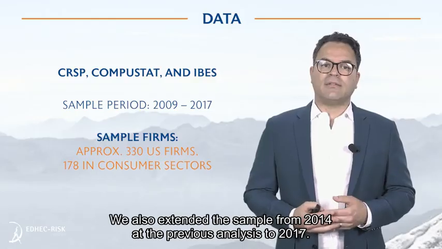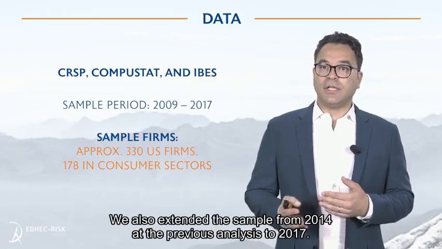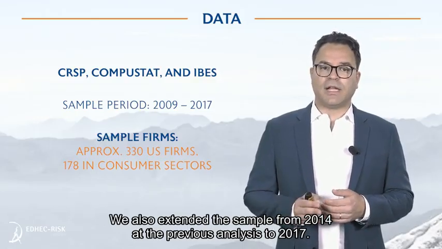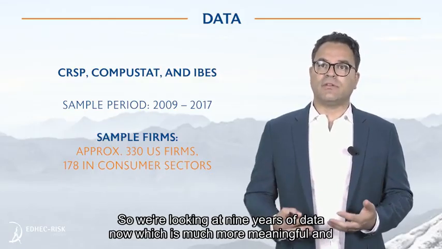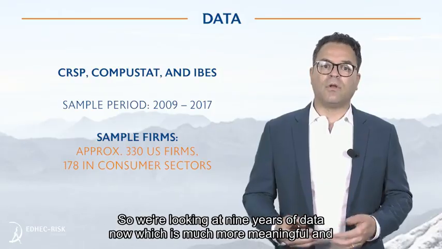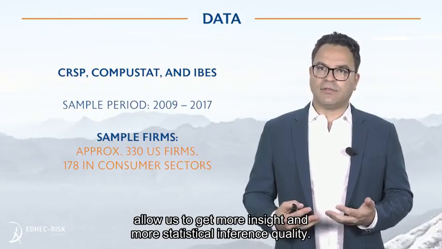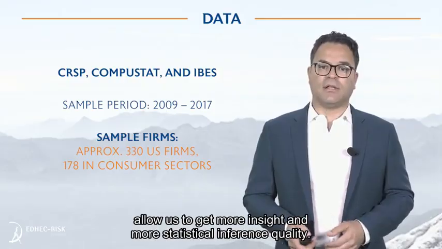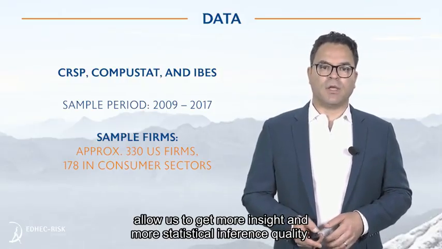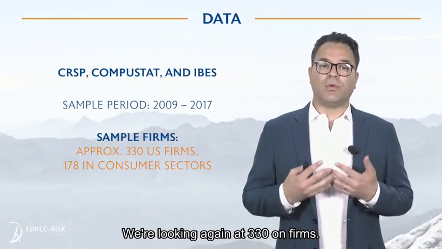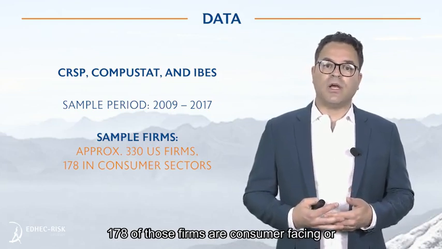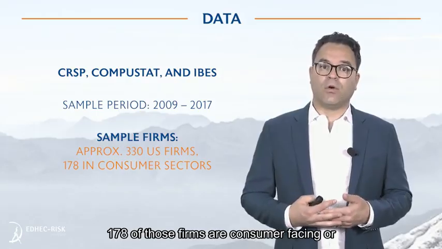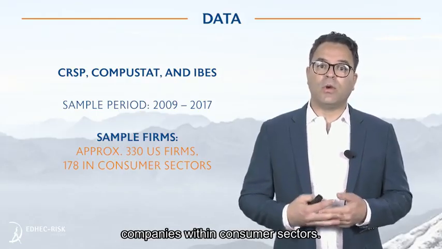We also extended the sample from 2014 at the previous analysis to 2017. So we're looking at 9 years of data now, which is much more meaningful and allows us to get more insight and more statistical inference quality. We're looking again at 331 firms. 178 of those firms are consumer-facing or companies within consumer sectors.